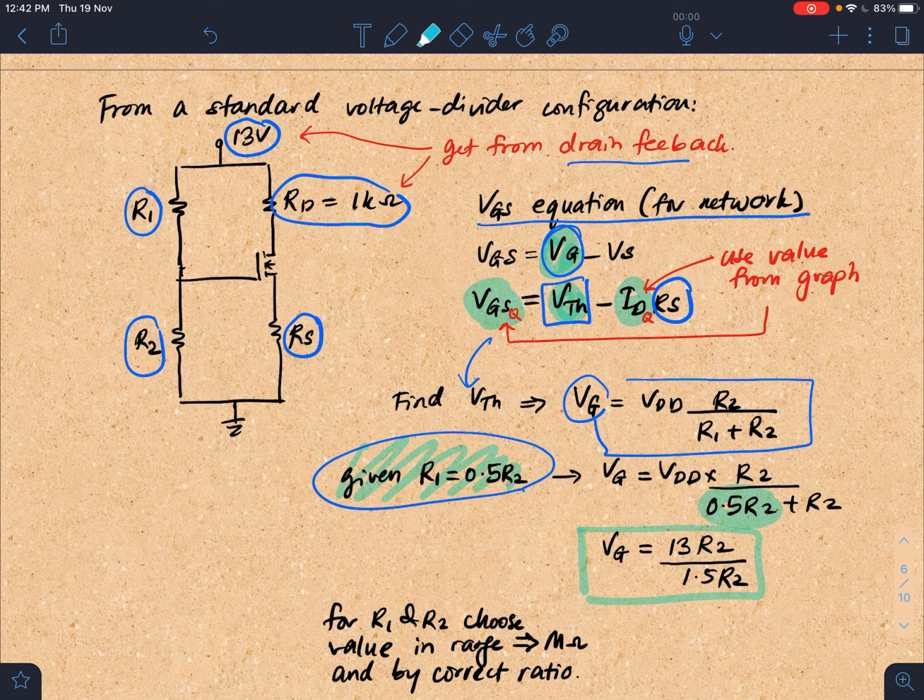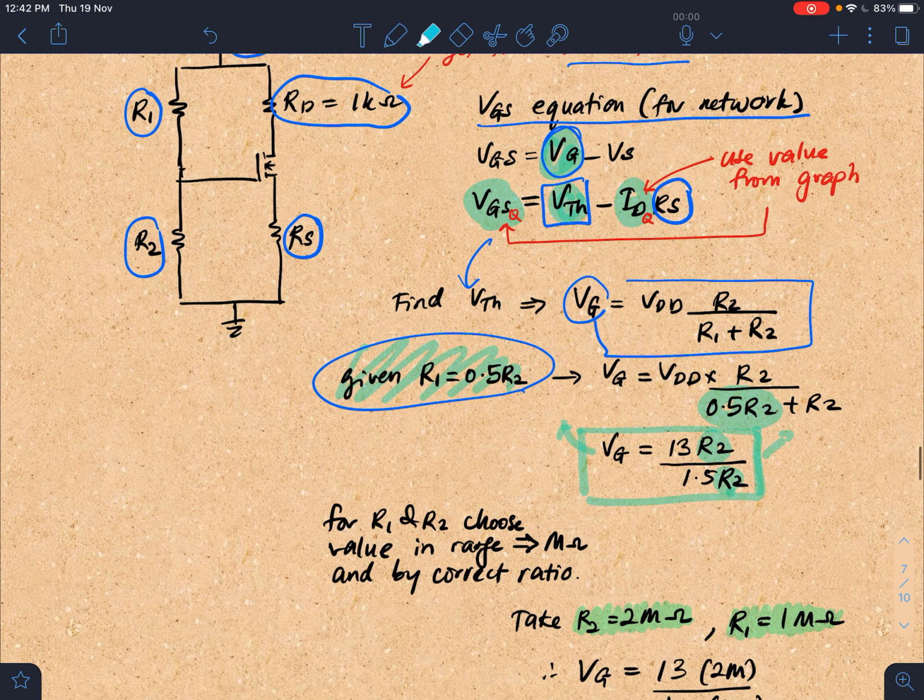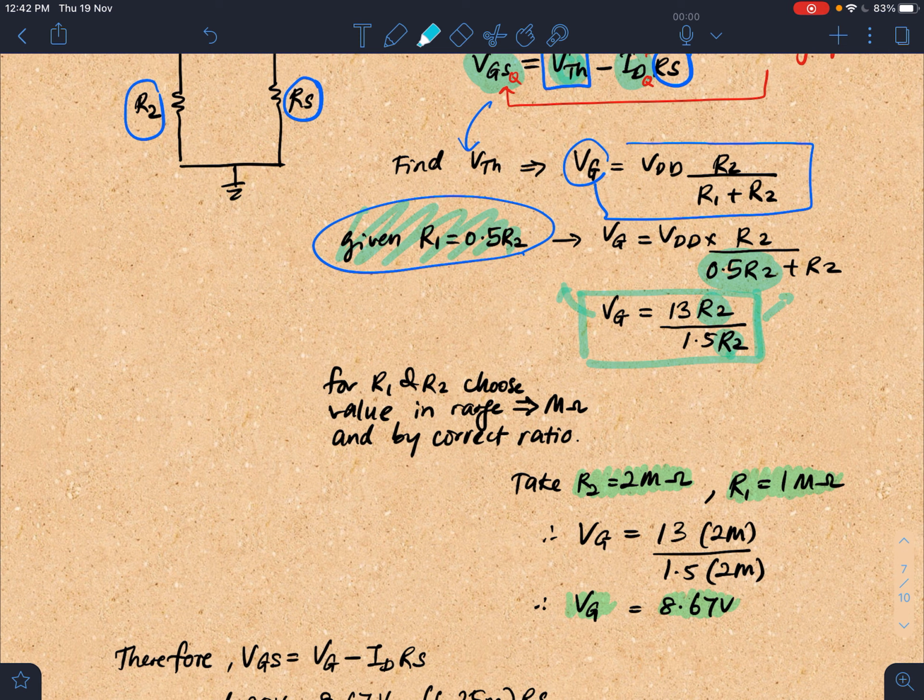This Vg answer still has R2 in it and cannot be solved, because we don't know the value of R2 or of Vg. The rule of thumb for R1 and R2 in a voltage divider is that you can choose any value in the megaohm range, considering the correct ratio.